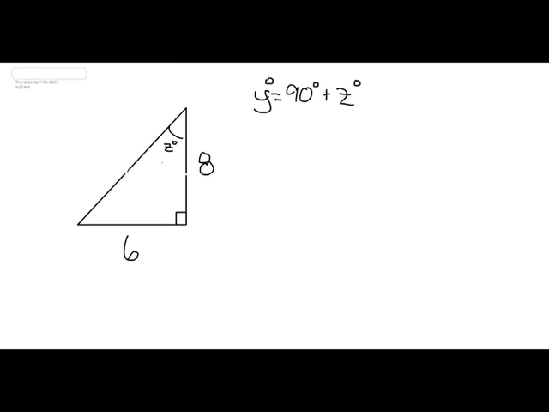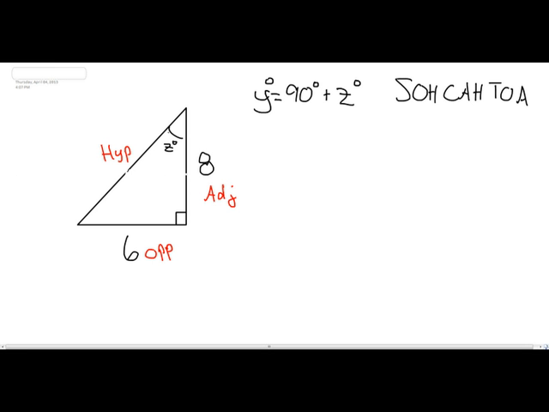So right now we've got our triangle all set up as the way it was before, and we're just looking for angle Z here. So let's name the sides with respect to Z. Well, 6 is going to be our opposite side, 8 is our adjacent side, and here's our hypotenuse. So again, we're going to be taking a look at SOHCAHTOA. So I'm looking for an angle.